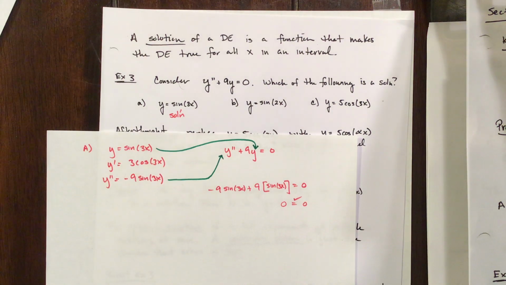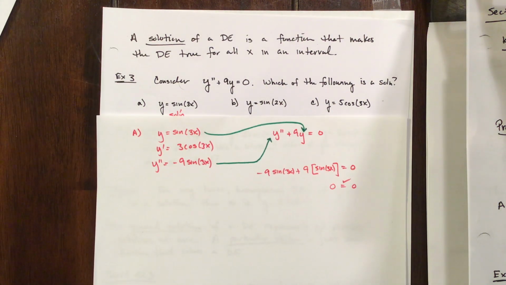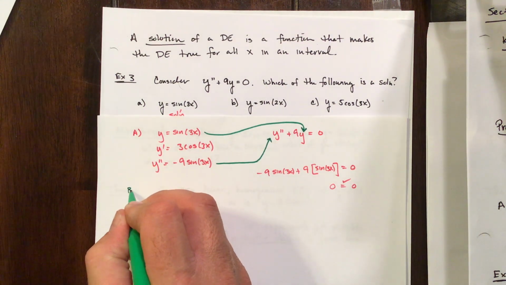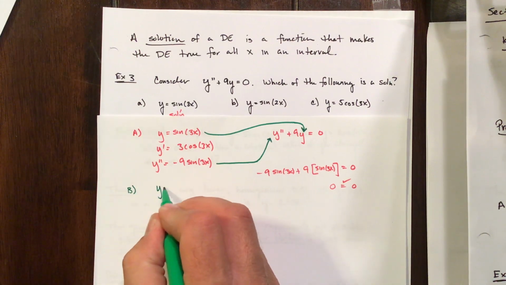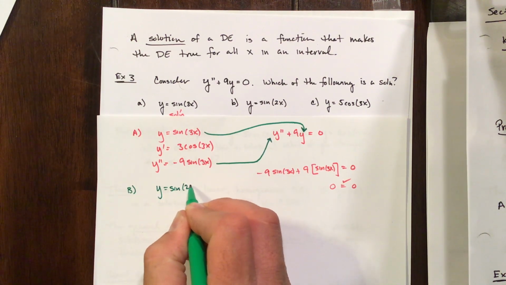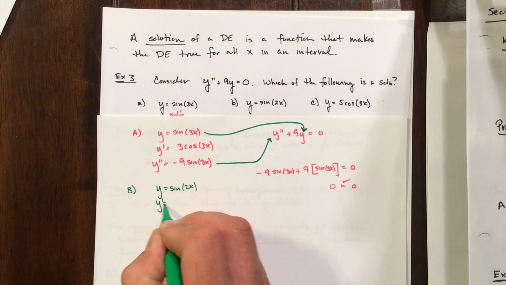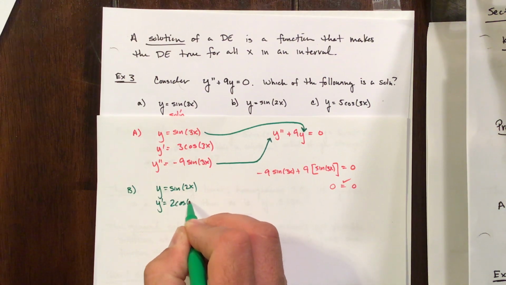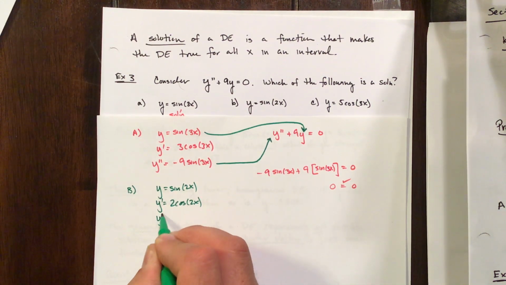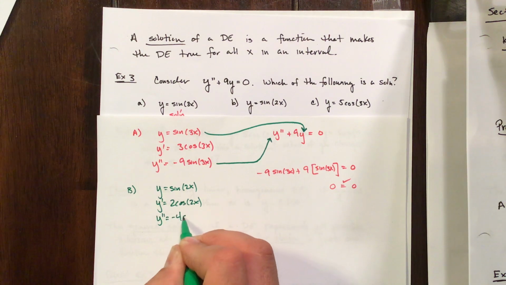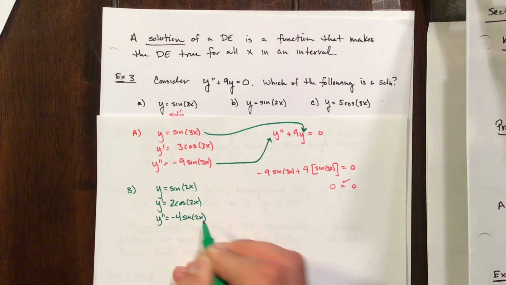How about B? Okay, the sine of 2x. Run through this real quick. Y prime is 2 cosine 2x. Y double prime is minus 4 times the sine of 2x.